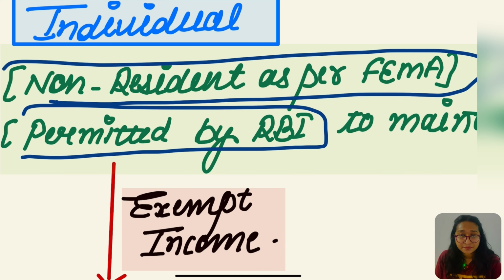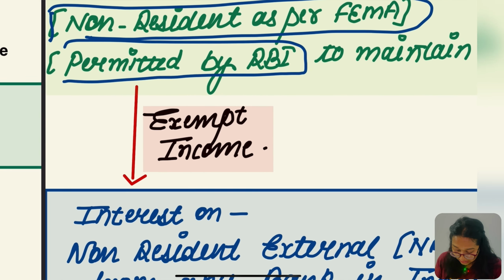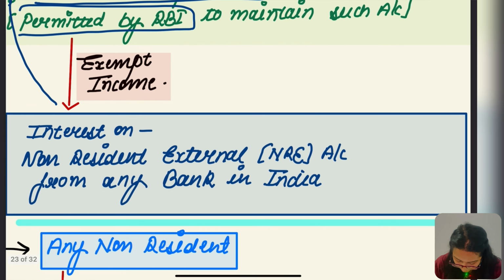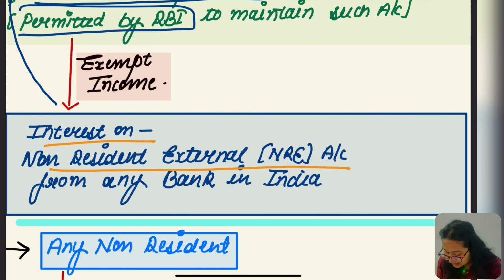So the individual who is a non-resident as per FEMA, and second is permitted by RBI. Okay, the income which this individual earns through interest on non-resident external account from any bank in India.